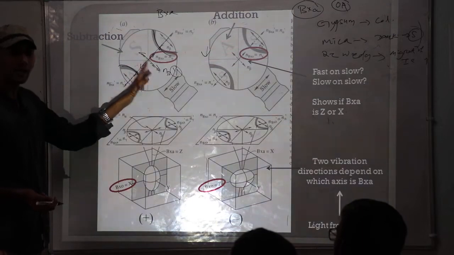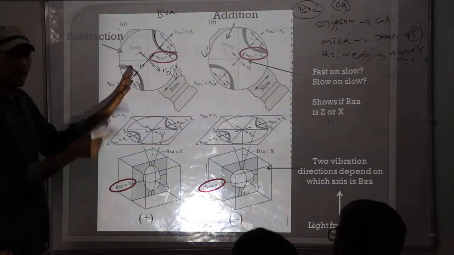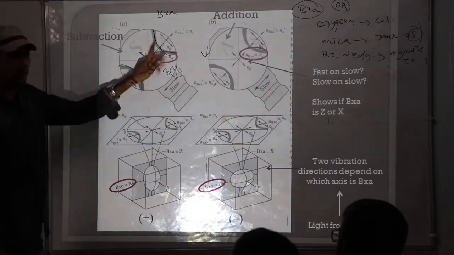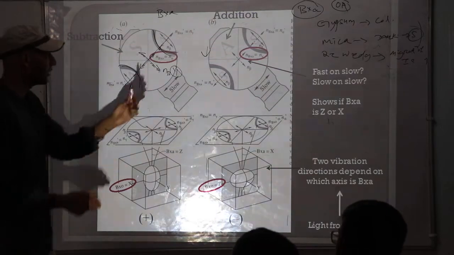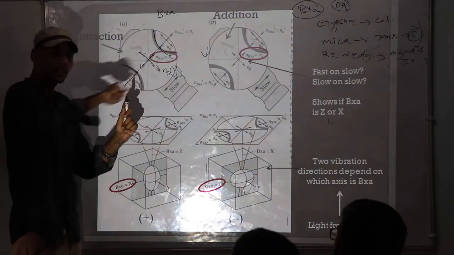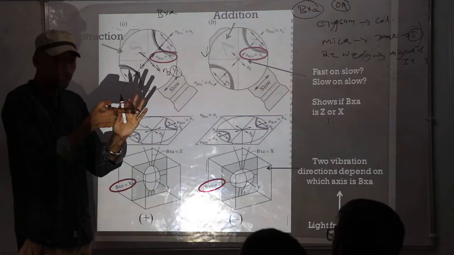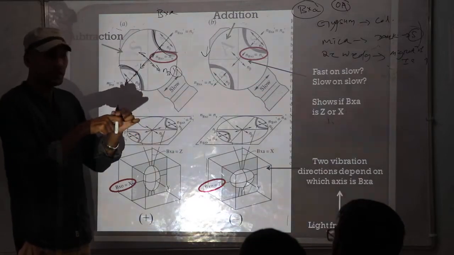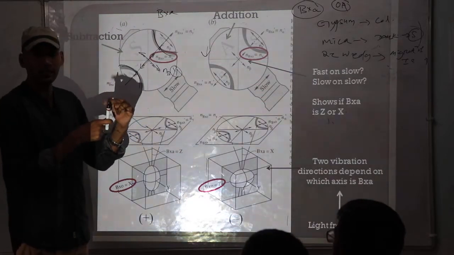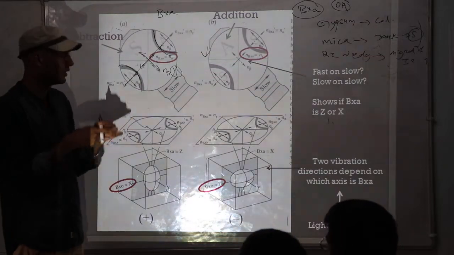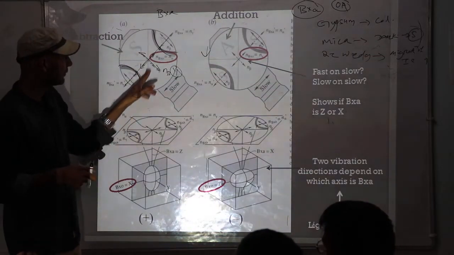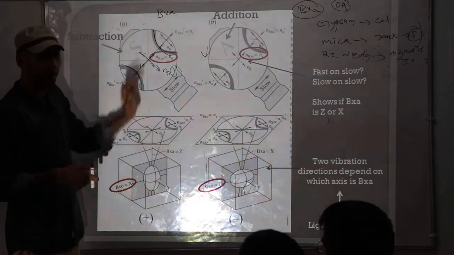The one which is the acute bisectrix, either Z or X, the opposite will be this vibration. If Z is the acute bisectrix, that is at the center of the crosshair, the next vibration is X. If the acute bisectrix is X, this is Z. So what you have to find out is whether this vibration is slow or fast.